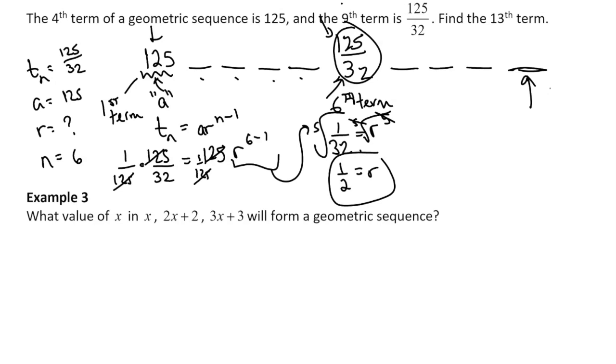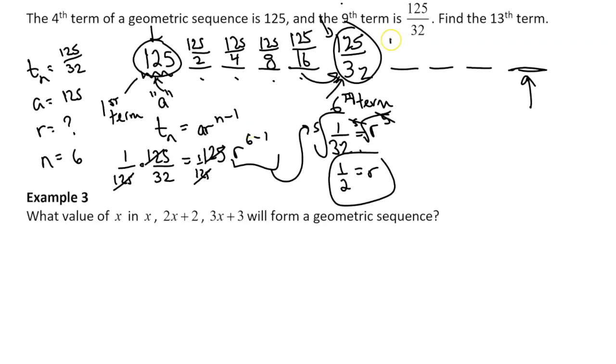So if you had 125 in this 4th term here, and you times it by a half, you would get 125 over 2. And if you continue to half that, you get 125 over 4, over 8, over 16. And then when you times that by half, you get it over 32. So what's actually happening is your denominator is just doubling every time you move a term over to the right.